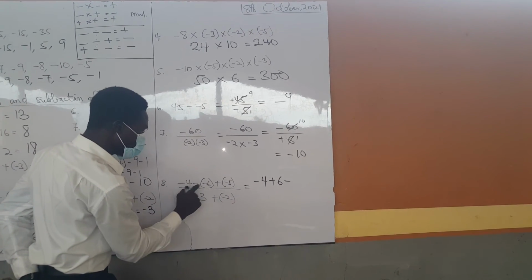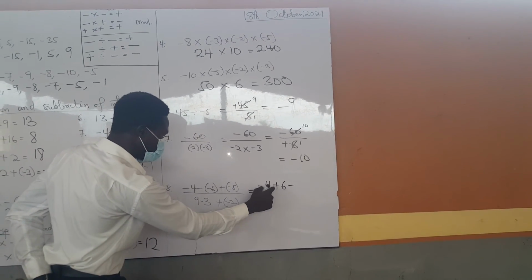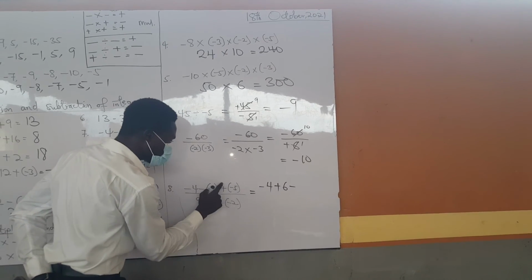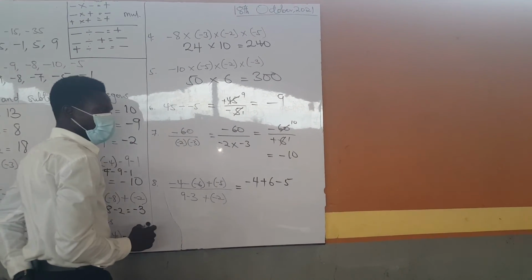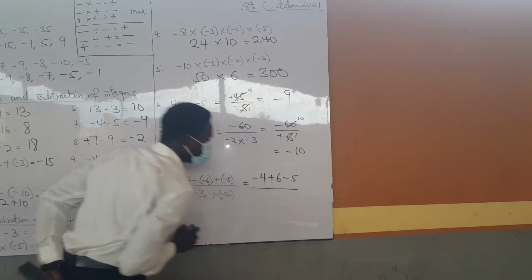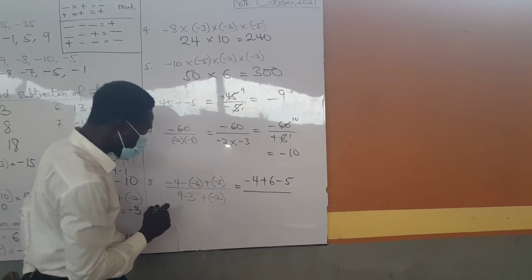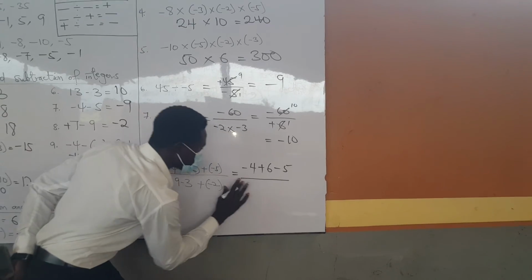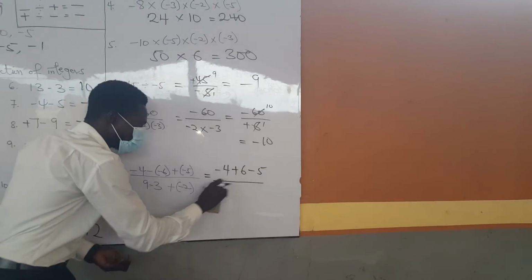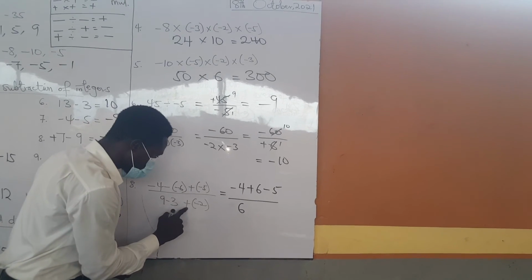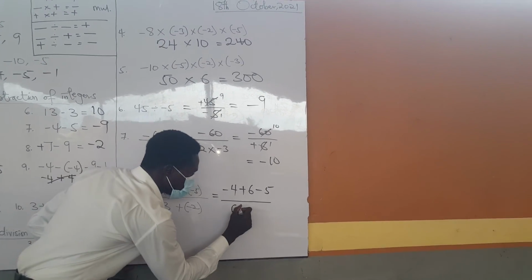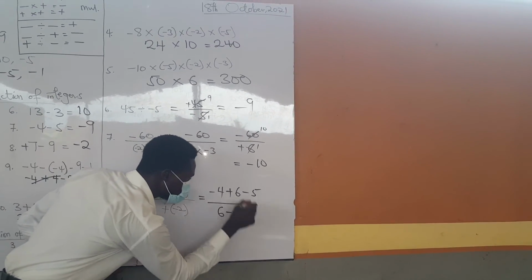When negative meets negative, it is positive. So positive 6. And when positive and negative meet, it's going to give us negative. So this all over. Now I have 9 minus 3. 9 minus 3 is going to give me 6. When positive and negative meet, it's going to give us negative 2.